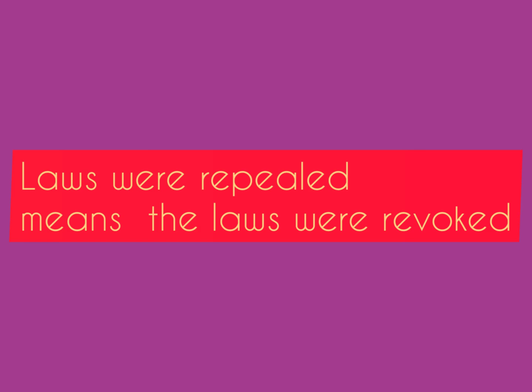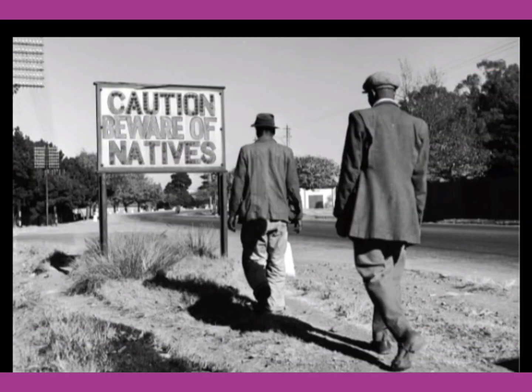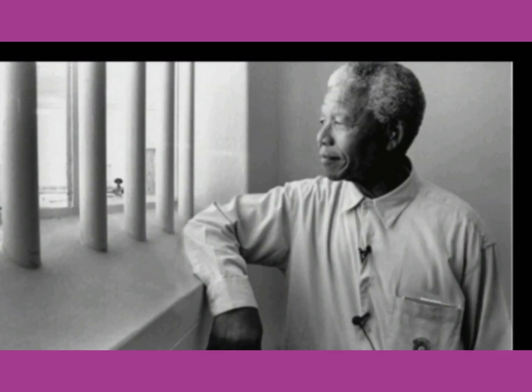Discriminatory laws were repealed. Repealed means they were revoked or removed. So the whites removed some of the laws that they had laid down earlier. Ban on political parties and restrictions on media were lifted.